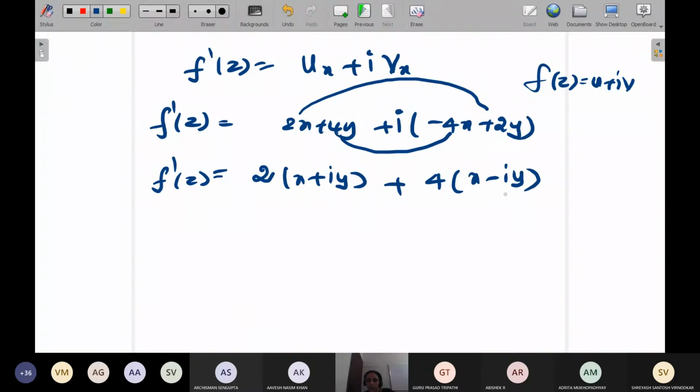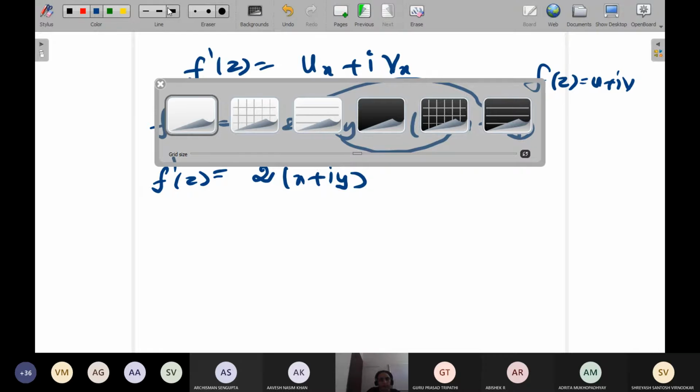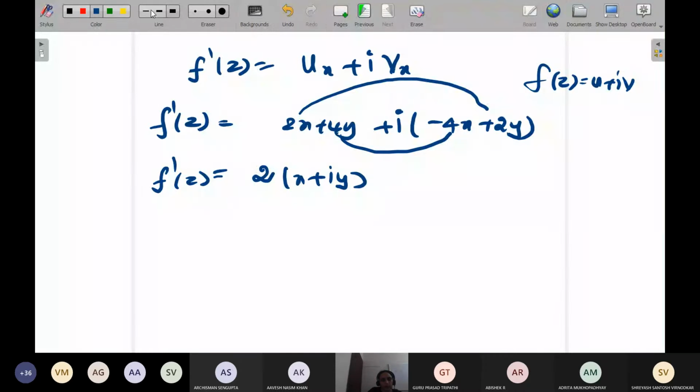You are getting it correctly? 2 into x plus iy, then 4 into, oh, i is also there, right? So 4i into y minus ix.